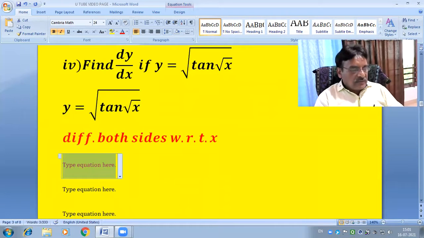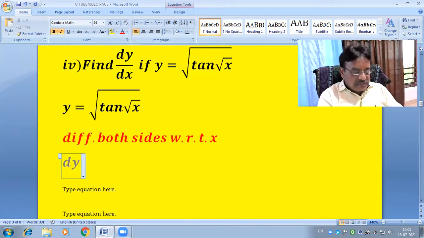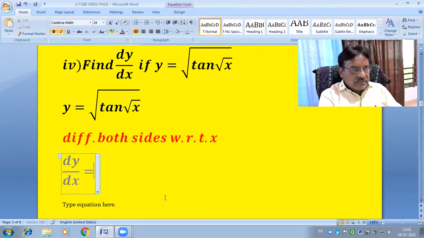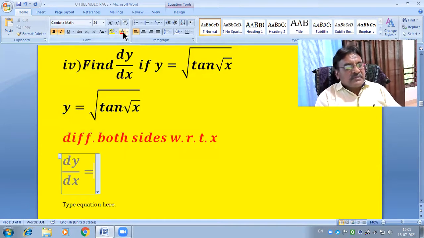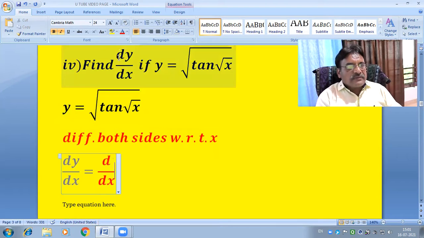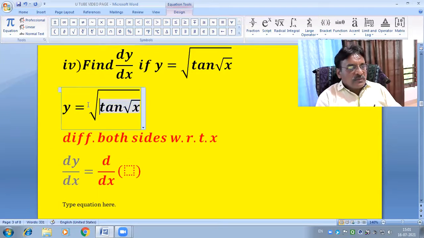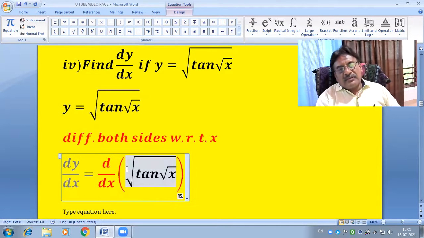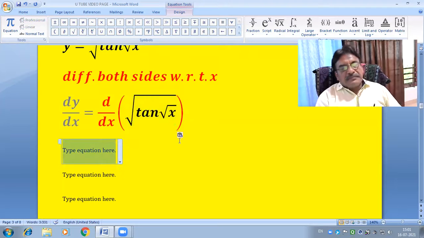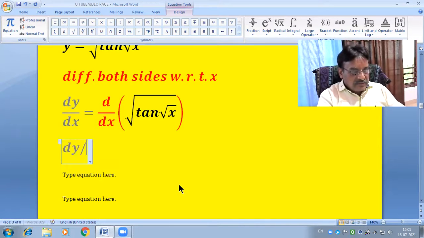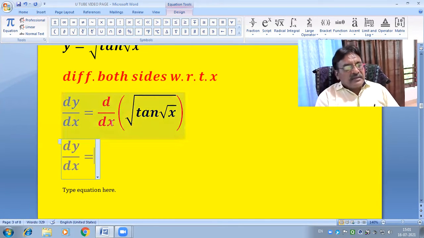So dy by dx is equal to d/dx of the function, which is root tan root x.